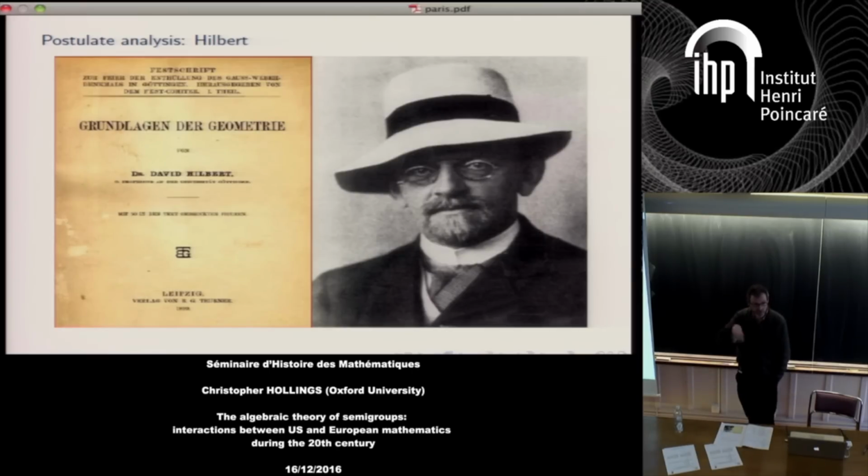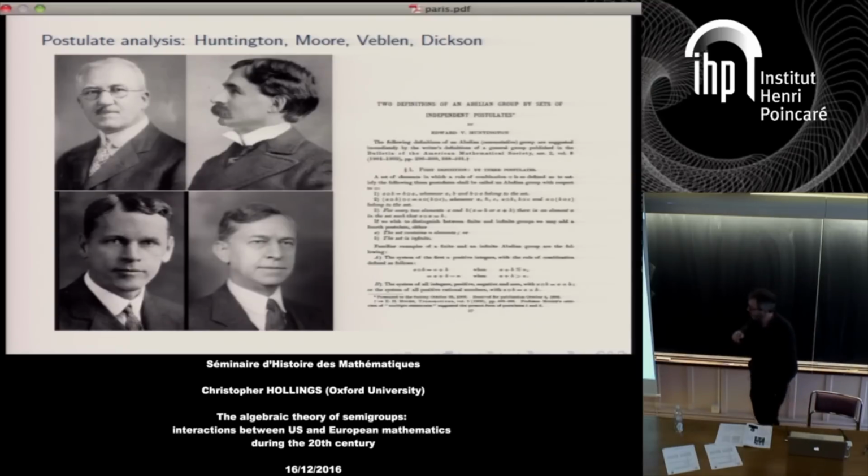And then this idea of axiomatization, of studying postulate systems for their own sake, spread to other parts of mathematics and to algebra in particular. And there's quite a group of American mathematicians who became obsessed by this. So this is E.V. Huntington, E.H. Moore, Oswald Veblen, Leonard Dickson. And here's just a page from one of Huntington's papers on this subject.